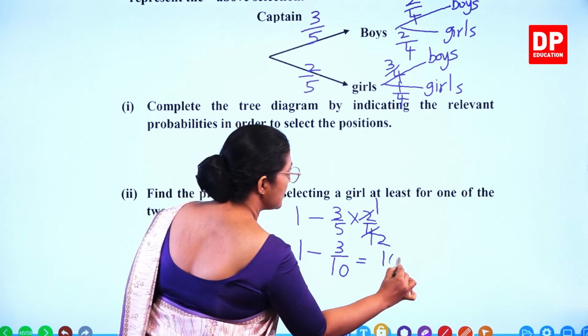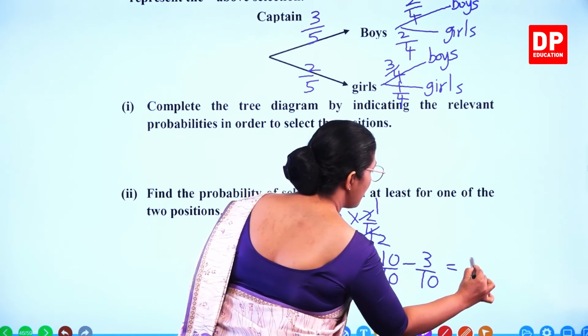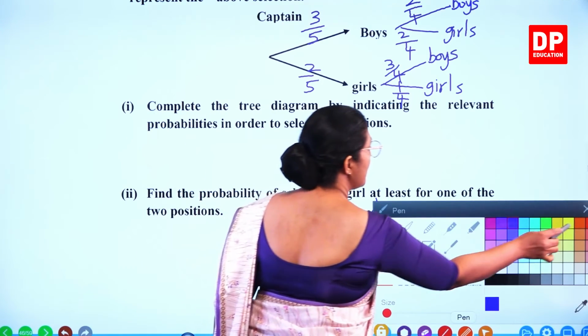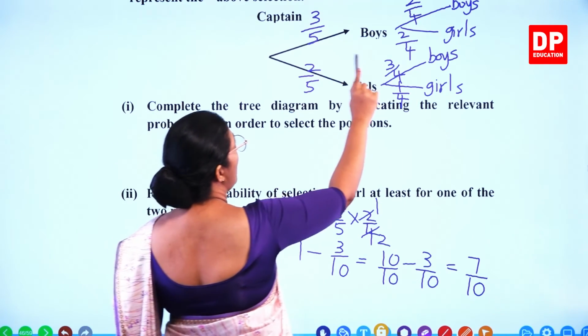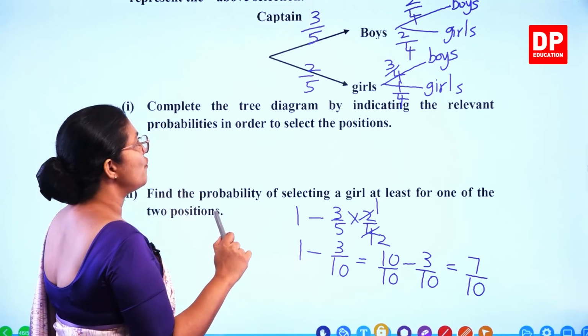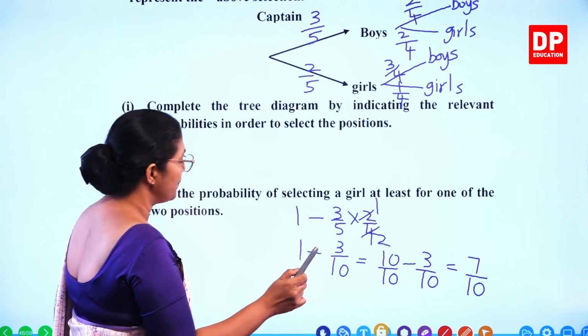That means 10 over 10 minus 3 over 10, that becomes 7 over 10. You can use this method or you can do it by taking all parts and adding them: 3/5 into 2/4 plus 2/5 into 3/4 plus 2/5 into 1/4.